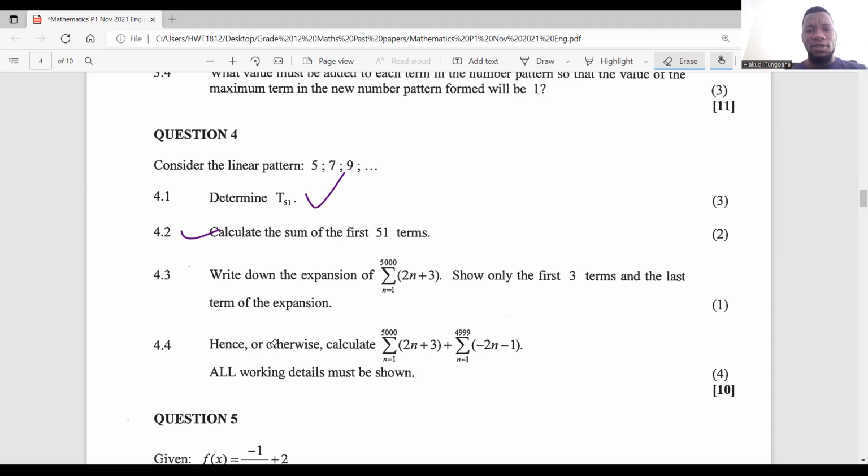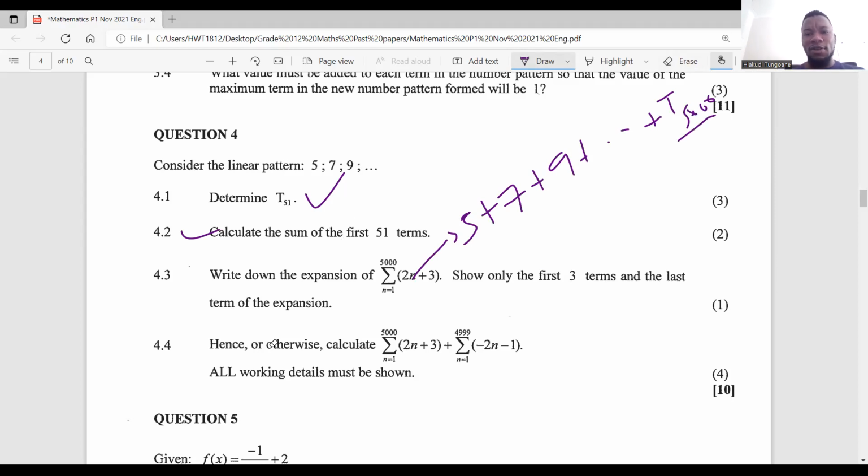So essentially this means that you already have the first three terms, which is 5 plus 7 plus 9, right? Then we need to add the last term, which is T5000. That's the last term that you need to add, T5000, right?